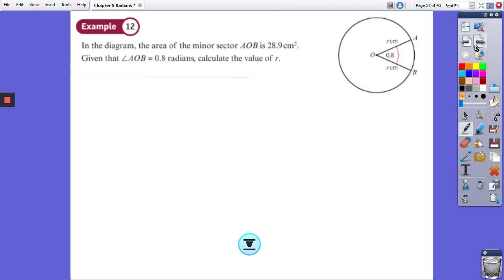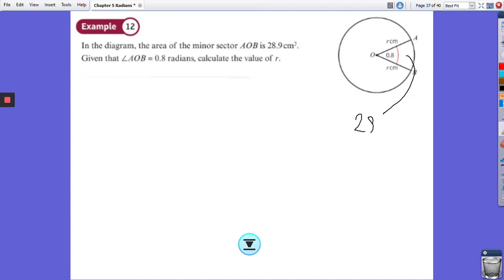Okay, so this time we've got the area. We know that this area in here, because it says minus sector, this area here is 28.9 centimeters squared. We know that the angle there is 0.8 radians, and all you have to do is reverse everything.